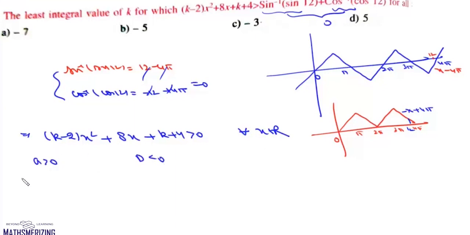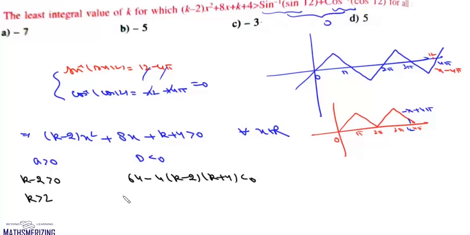If we look at a greater than 0, then the condition is k minus 2 is greater than 0 and the value of k is greater than 2. And the second condition, that the value of d is less than 0. Now d in this case is 64 minus 4, k minus 2, k plus 4, it is less than 0.